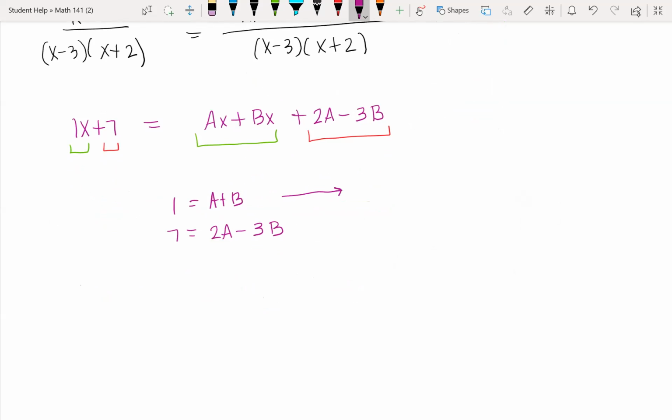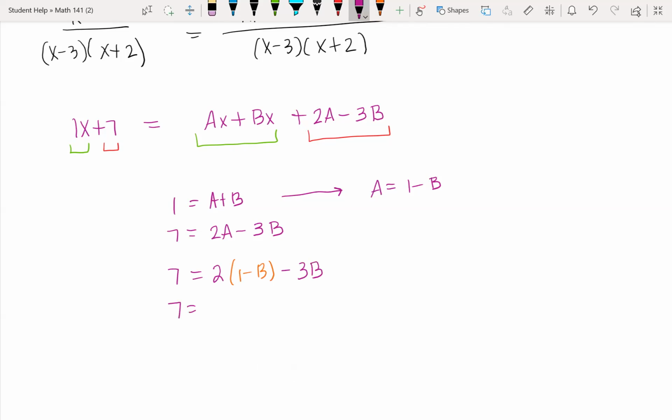I'll rearrange the first one. Let's write this as a equals 1 minus b, and then substitute it into the second. So 7 equals 2 times 1 minus b, minus 3b.